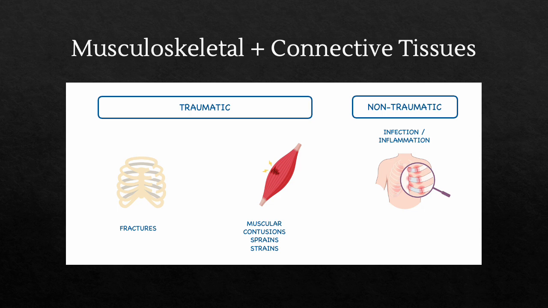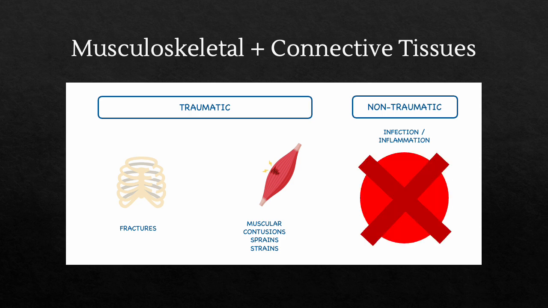Non-traumatic causes of chest pain are very often inflammatory or infectious. We don't want to be making the diagnosis of costochondritis in the emergency department. Costochondritis is dangerously overdiagnosed and results in us missing important differential diagnoses.